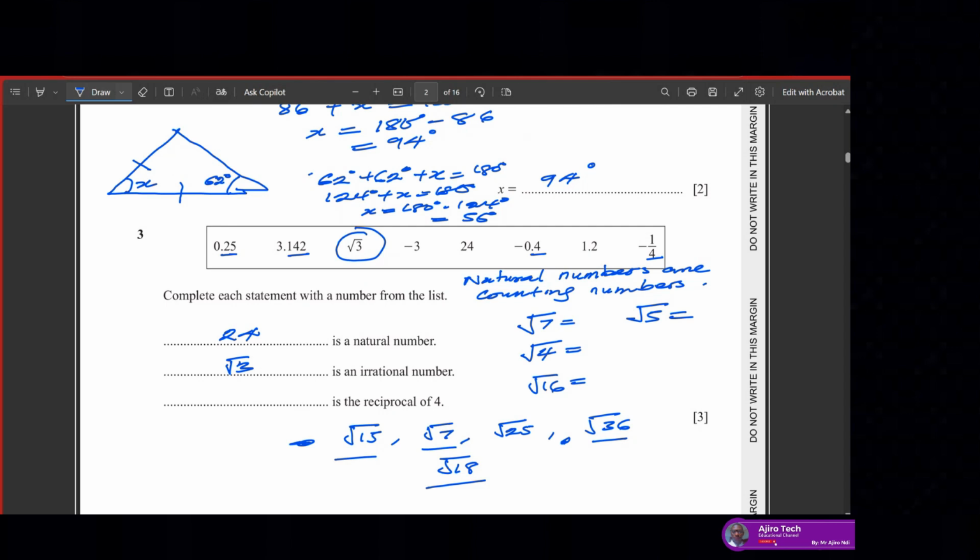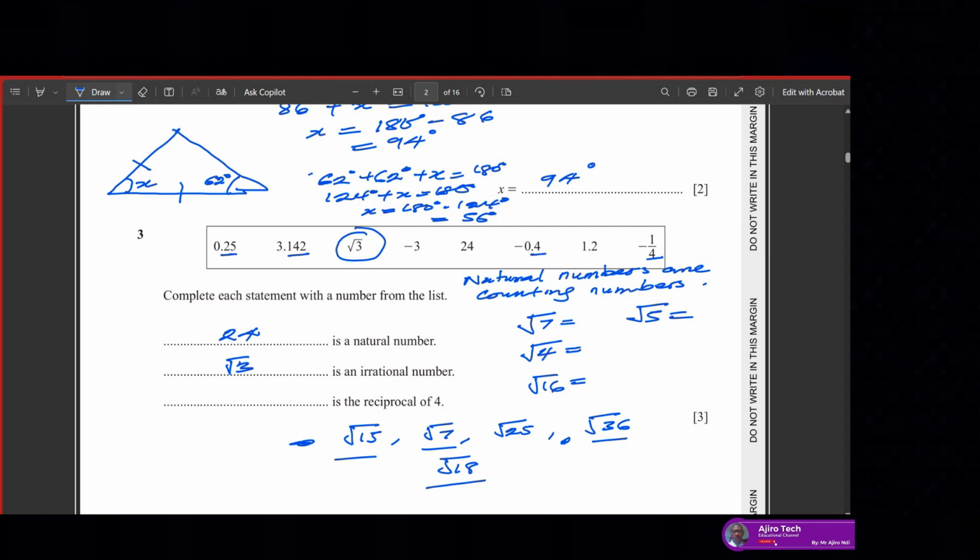Understood. So now let's look at the one that is the reciprocal of 4. So what do we mean by the reciprocal of a number? Do you have an idea? The number can divide itself.